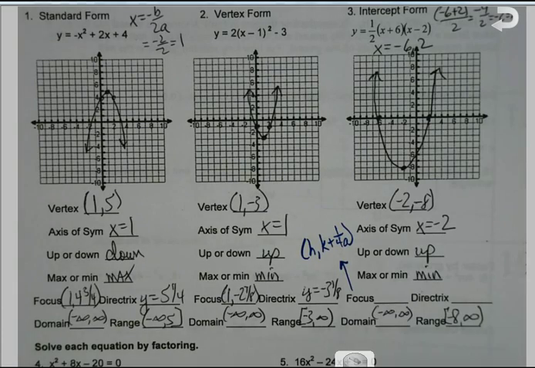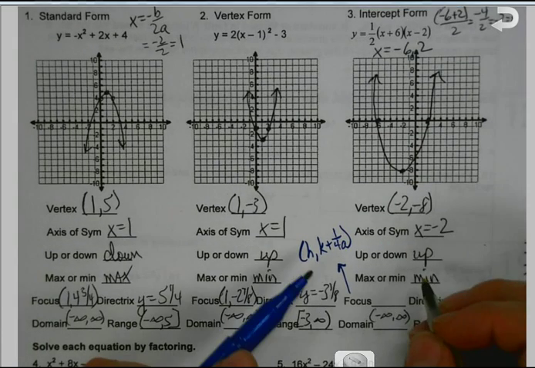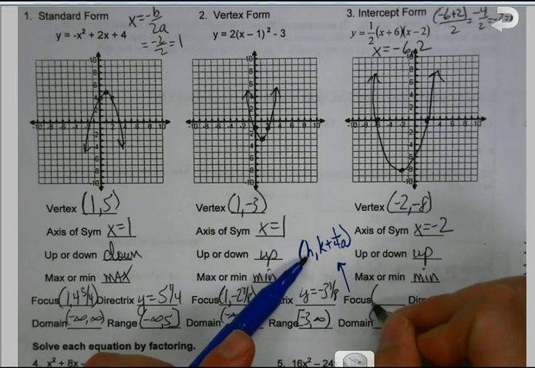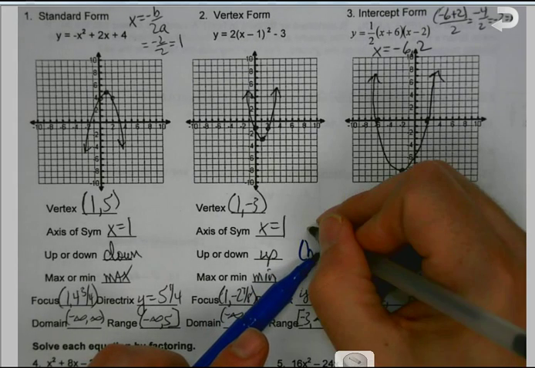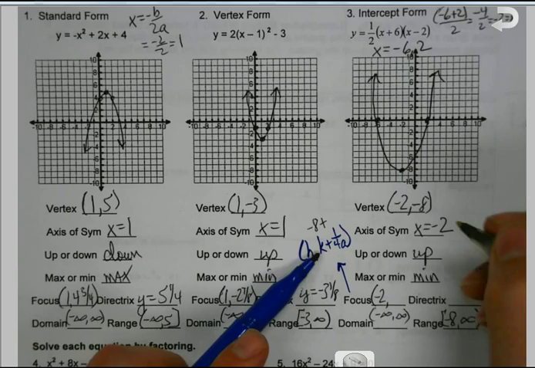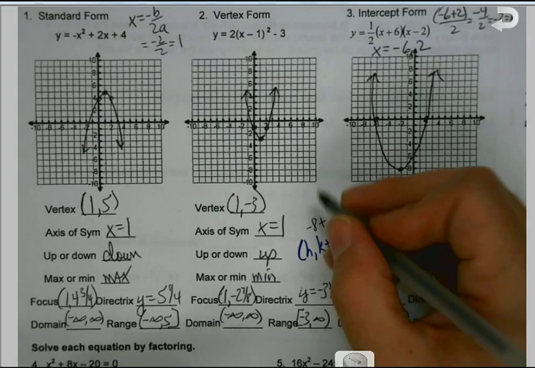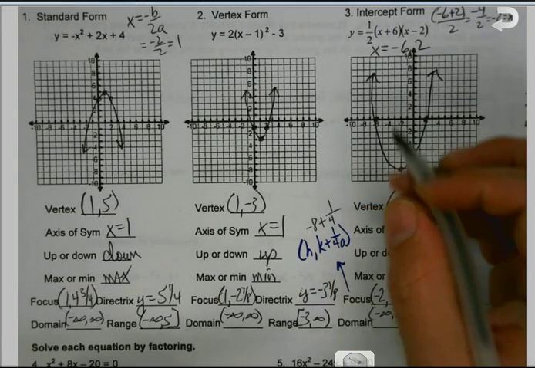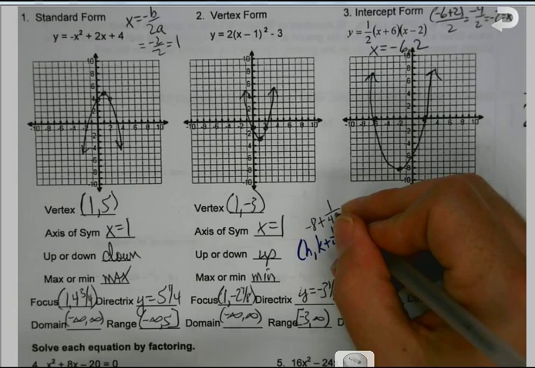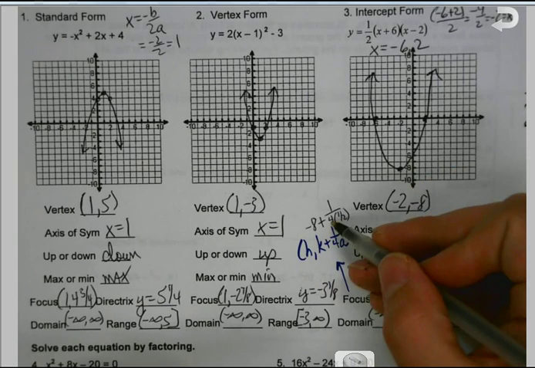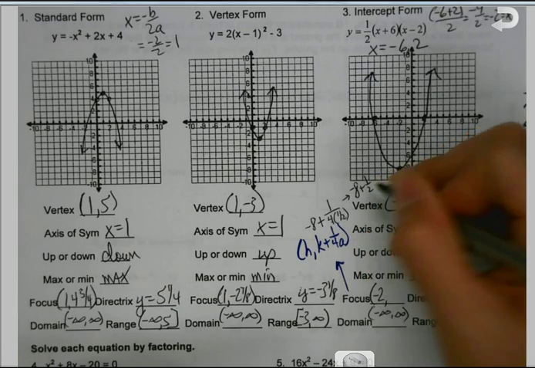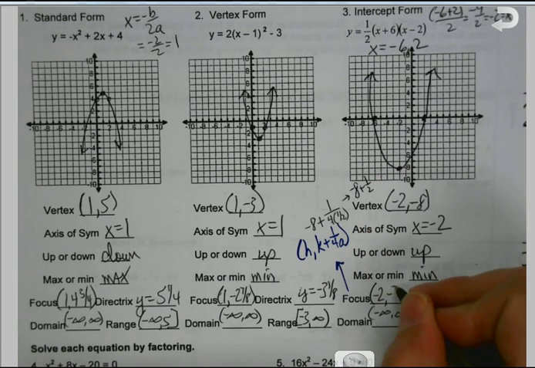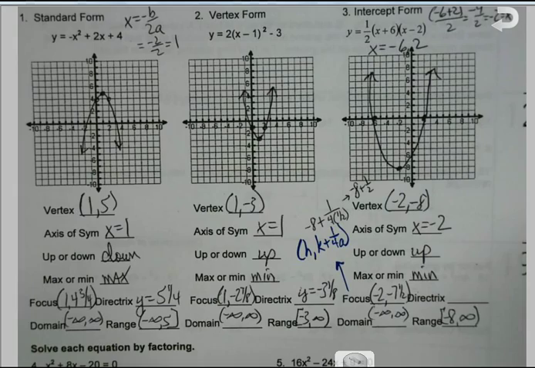So when I do this, I go, okay, my h value, -2, k is -8, plus 1 over 4a. Now this time my a is a half. So half of 4 is 2. So this is really -8 plus 1/2, which would be -7.5.